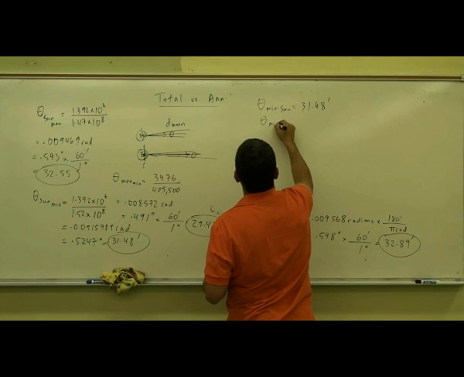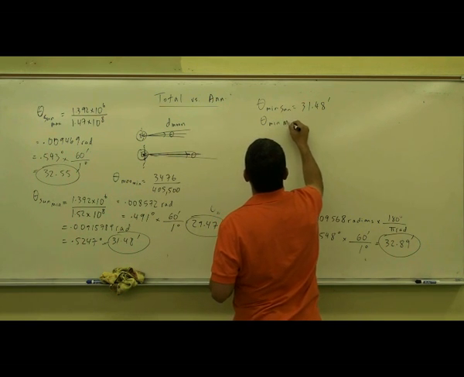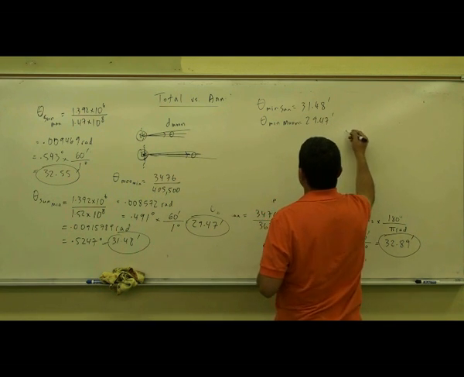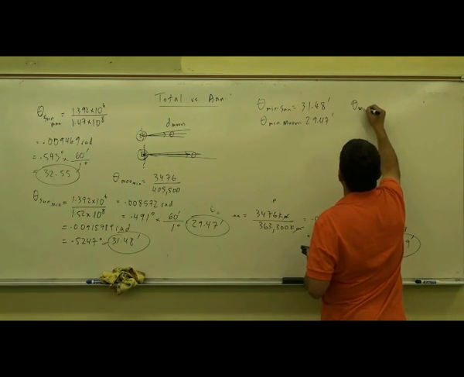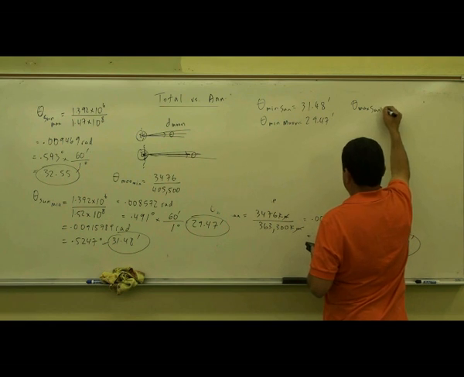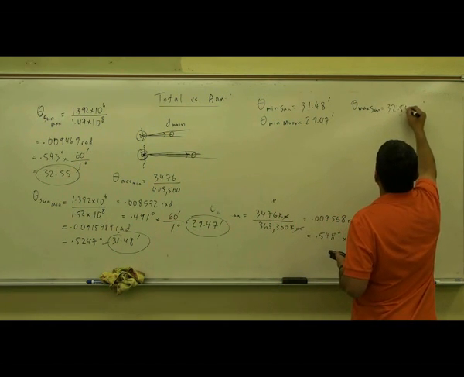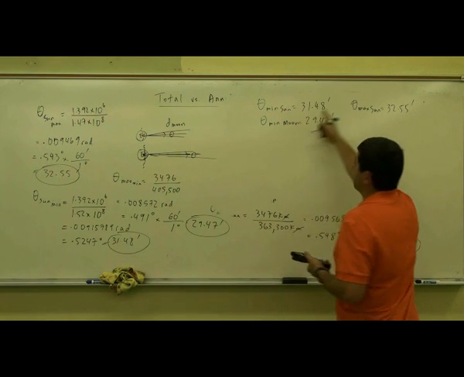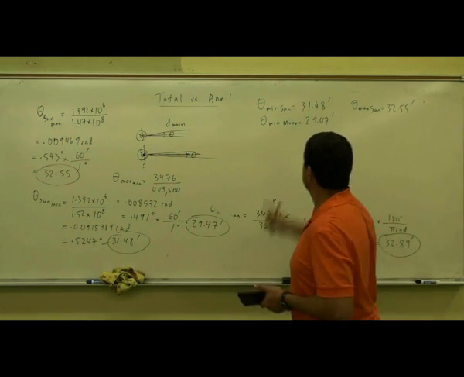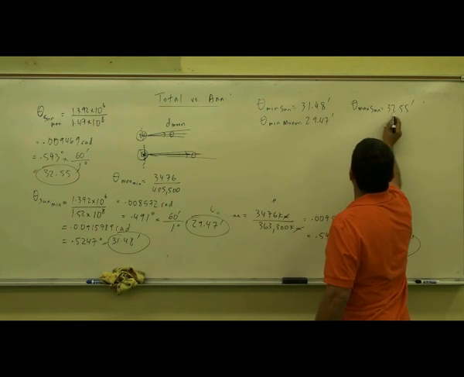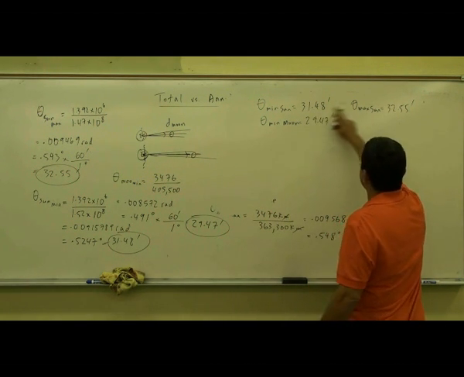The minimum for the moon is 29.47 arc minutes. The maximum for the sun is 32.55. So the sun is always more than half a degree, right? Because 30 arc minutes is half a degree. So it varies from 31.48 to 32.55, so it doesn't vary a lot.